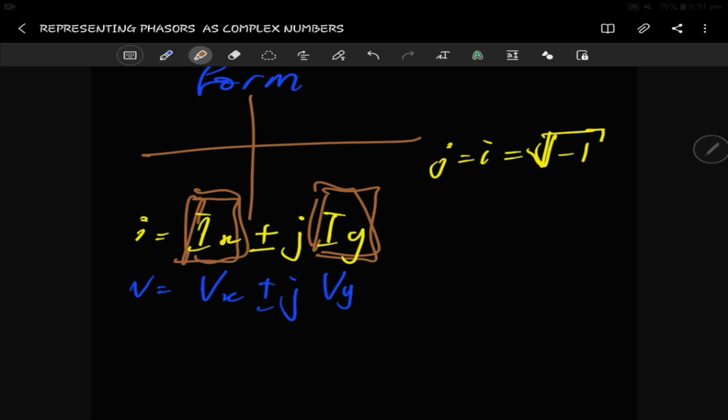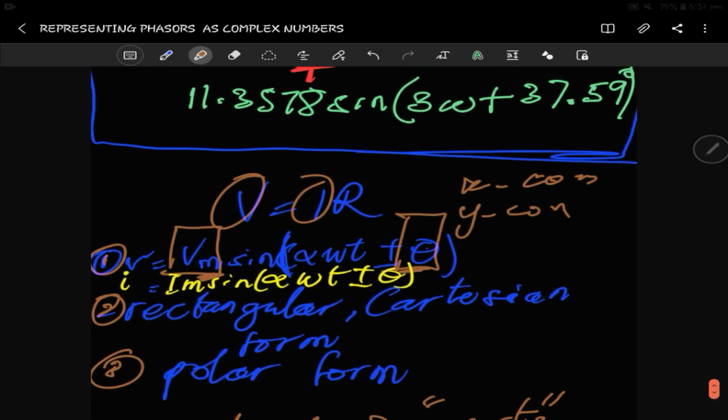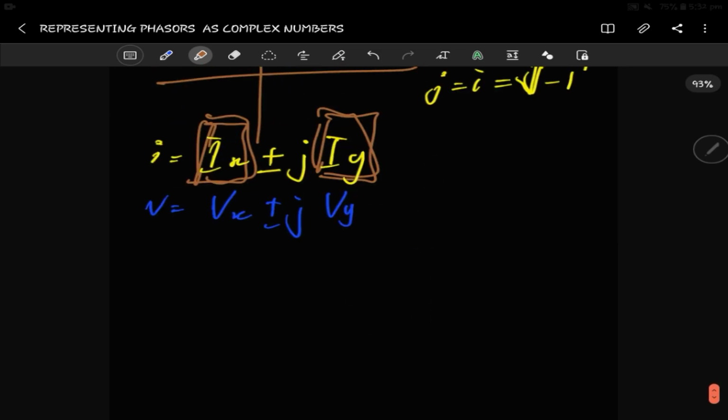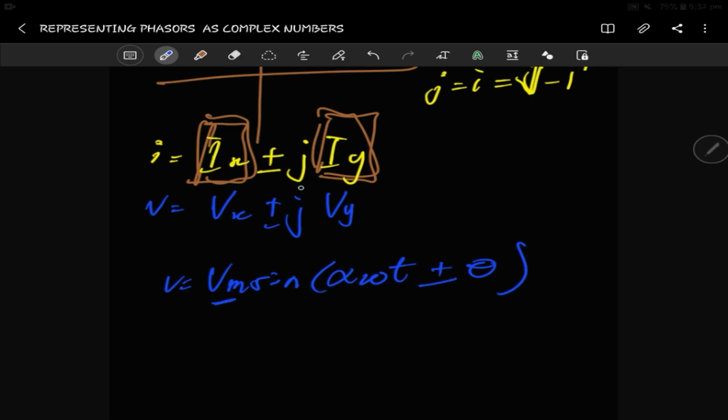And with this you can even turn it back to the very first one, which is as a function of time. For the very first one, if it's voltage, we have the peak: V is equal to Vm sine, and then we have the angular frequency plus or minus the phase angle. If you want to get this Vm, it will be equal to the square root of Vx squared plus Vy squared.